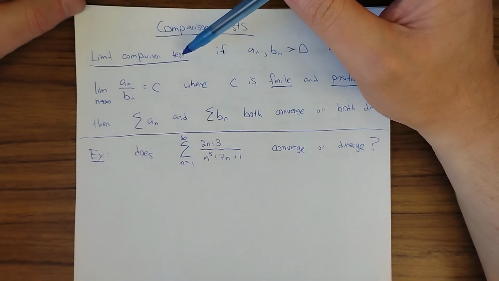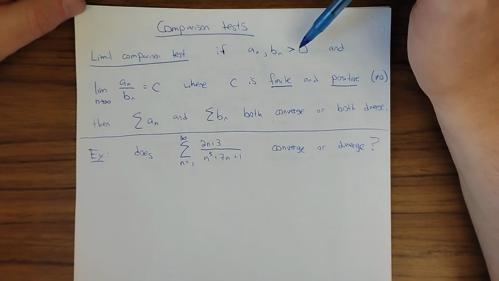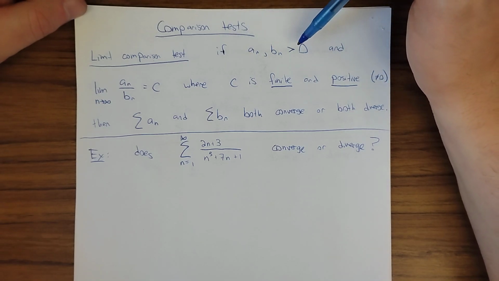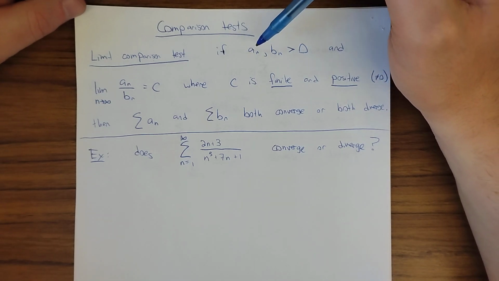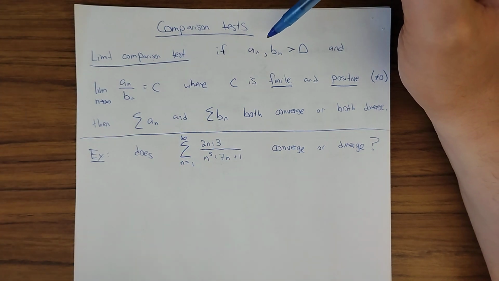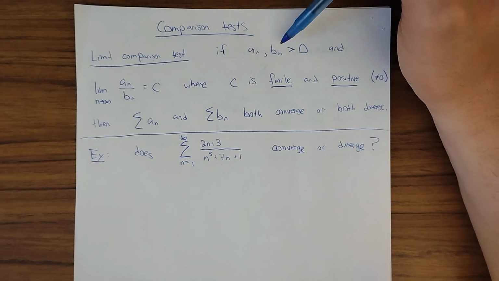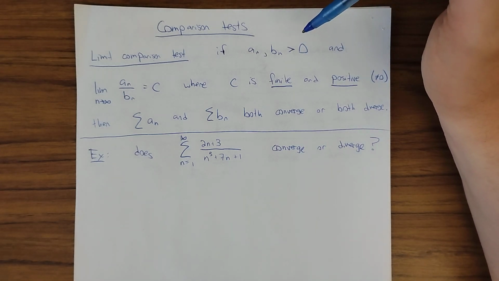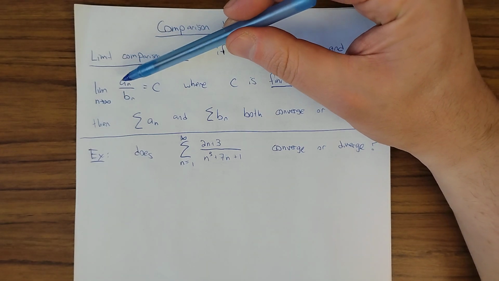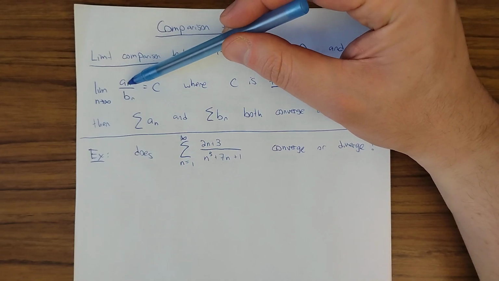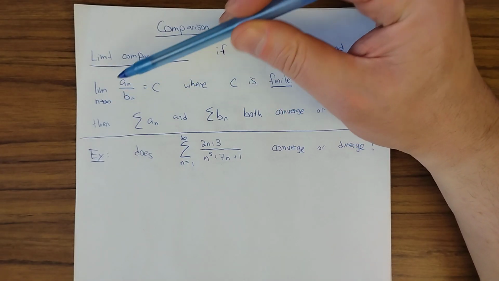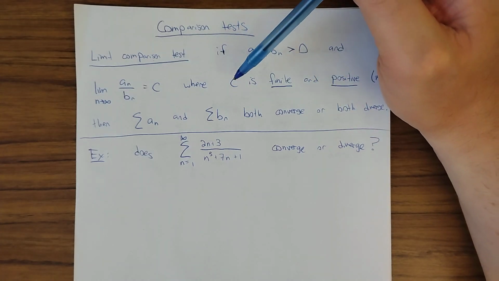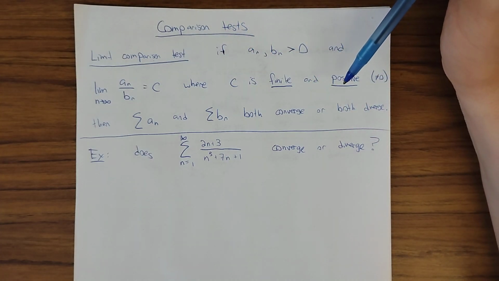The first one's the limit comparison test, but both of them are about series that have positive terms. So we're going to assume that a sub n and b sub n are always positive. And also suppose that if I do the limit of a sub n over b sub n as n goes to infinity, that I get a finite and positive answer.